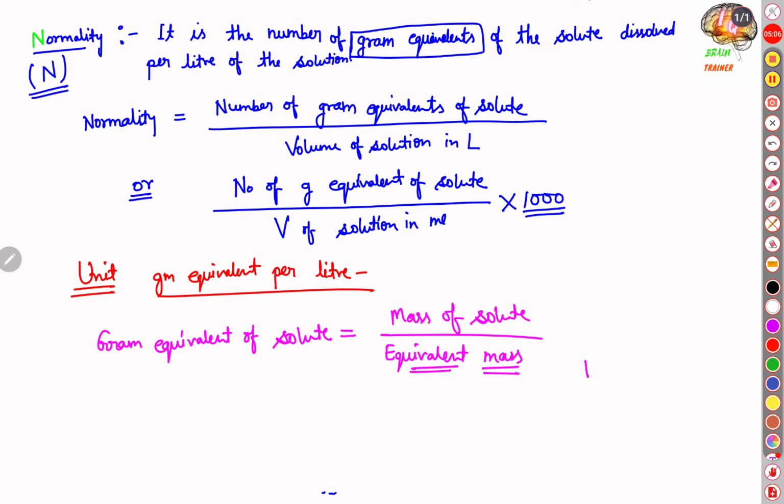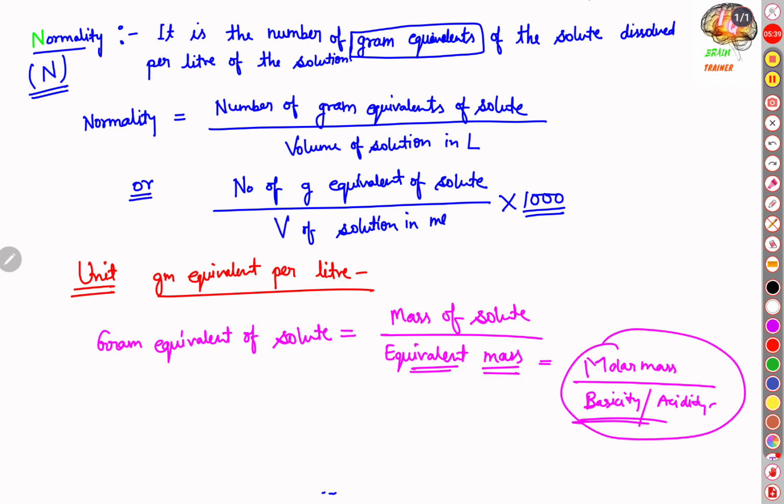Equivalent mass means molar mass by basicity. Equivalent mass is equal to molar mass by basicity if an acid is given, and by acidity if a base is given. We can find out the equivalent mass.